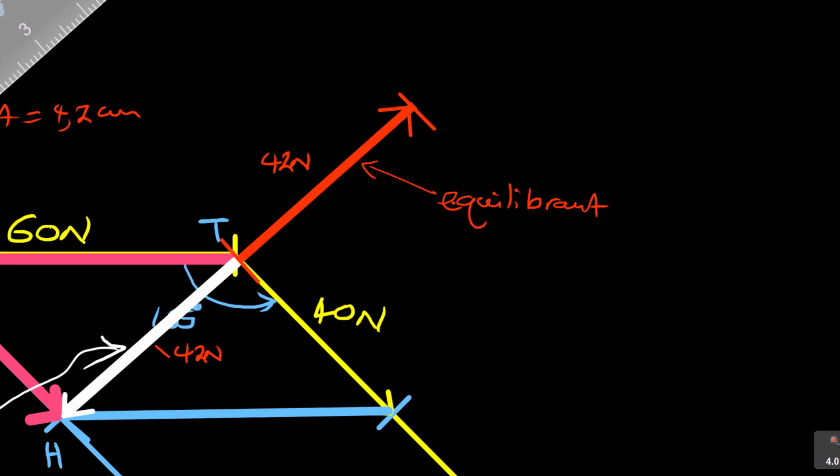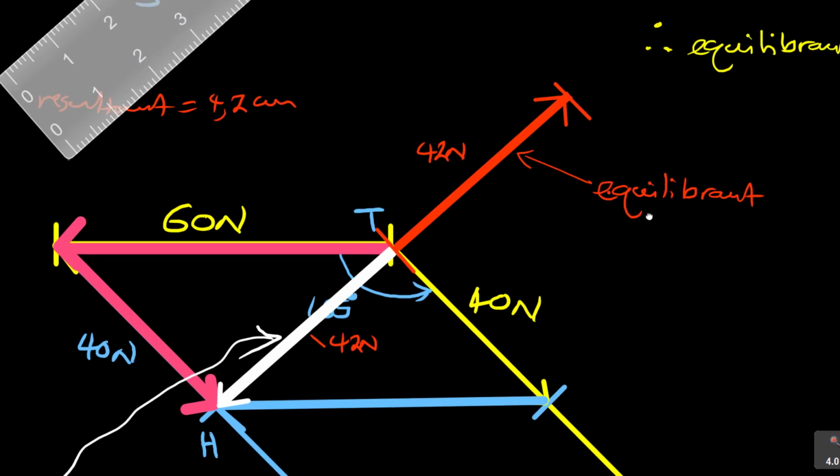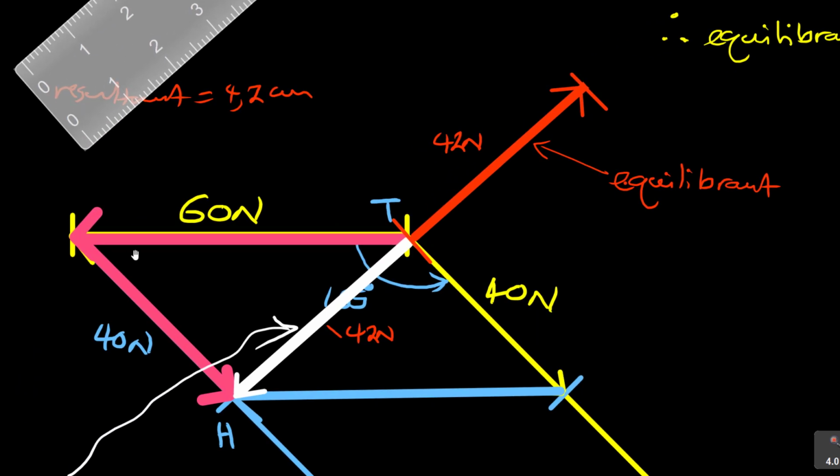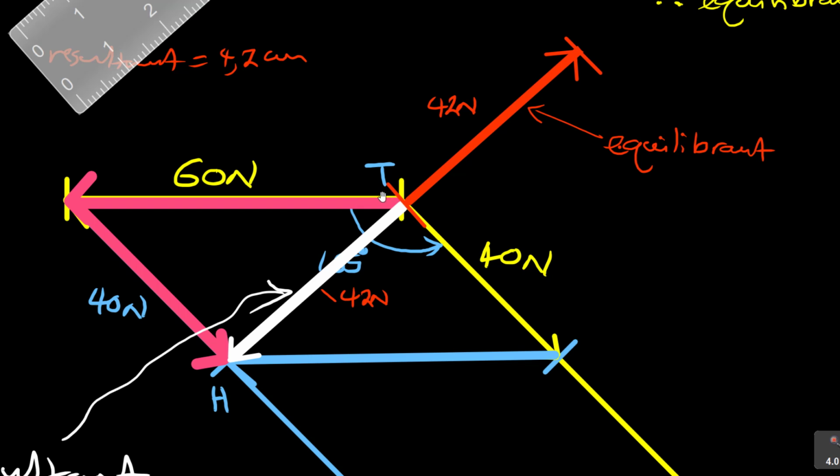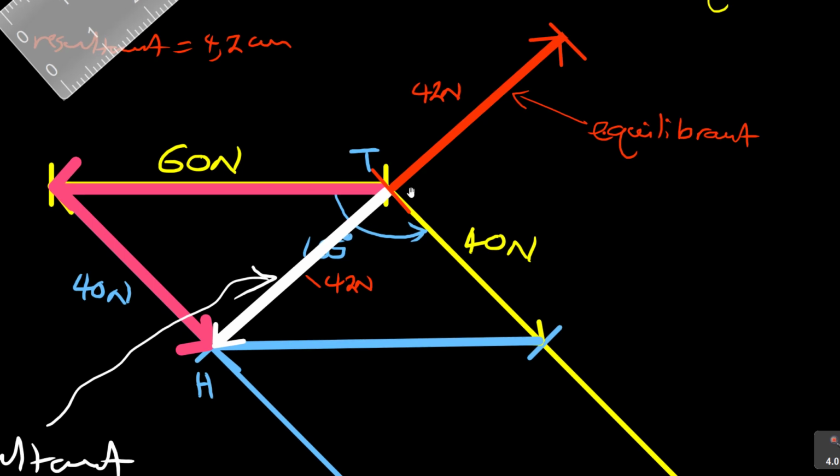So you can now conclude and say, therefore, equilibrant is equal to 42 newtons. We have done that, but they need the what? They need the direction, guys. They need the direction. What will be the direction of this?